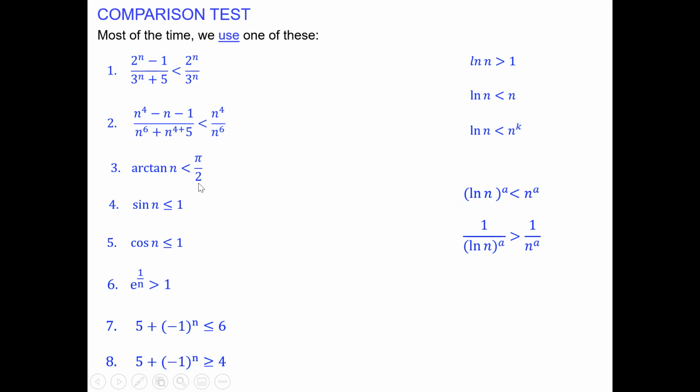For arctangent, pi over 2. Sine of n can be compared with 1. Cosine of n also. E to the power of 1 over n is always greater than 1. This one, we did -1 with the 7. Depends what we need, greater or smaller. For the logarithmic function, if we need the inequality this way, we can compare ln of n with 1 or ln of n with n. And actually, we can compare the natural logarithmic function with any power function.